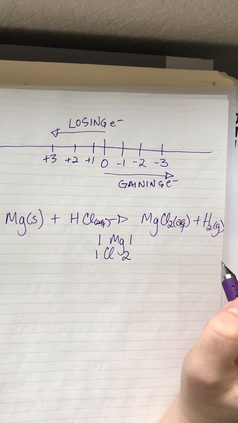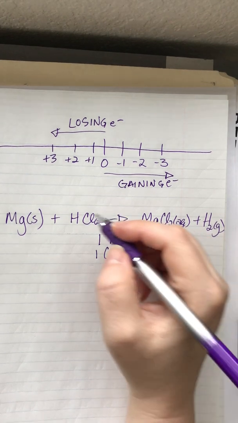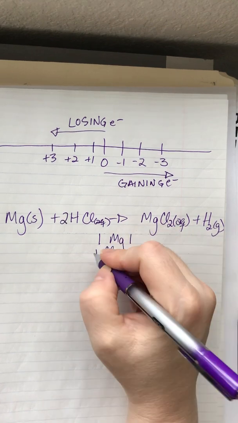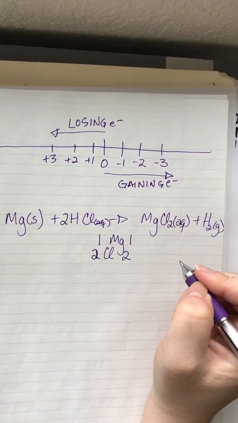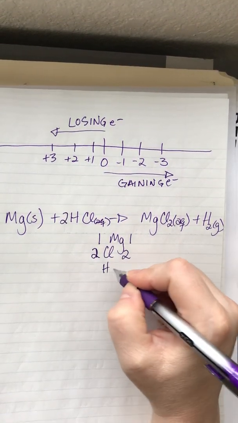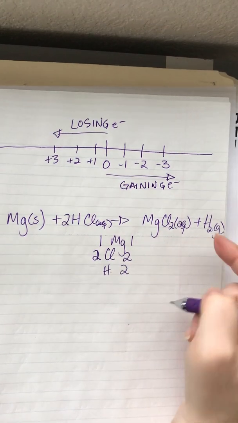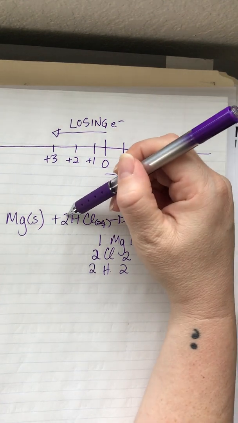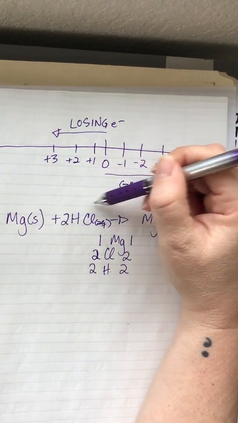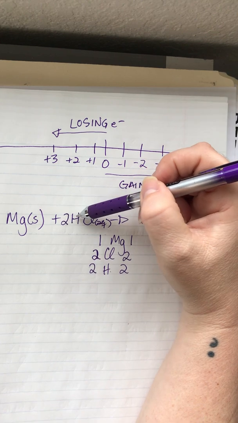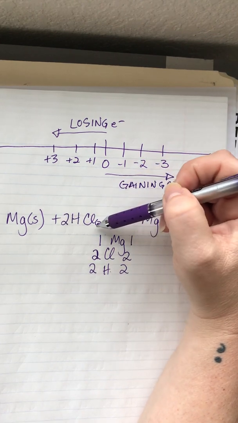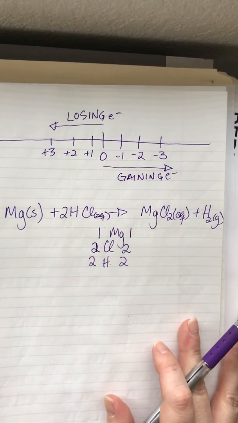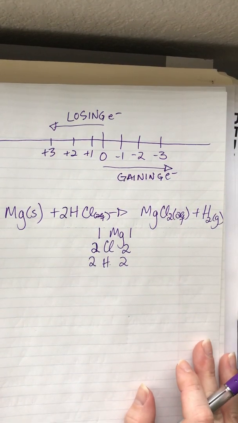Well, your hydrogen is off also, so I would put a 2 in front of the hydrochloric acid. So put a 2 right there? Yeah. Cool. So now this gives us 2 chlorines, and our hydrogens are 2 on this side and now 2 on this side. Remember, this 2 out front applies to the whole thing, so there's 2 hydrogens and also 2 chlorides here. Okay, so now we're all balanced.